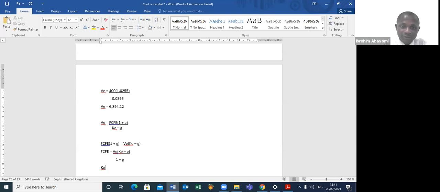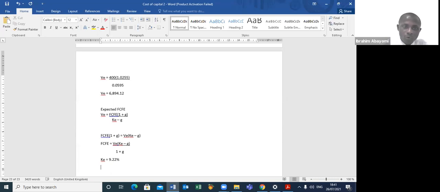So cost of equity under this new situation is what? Let me put it from here: expected free cash flow to equity, so that when we are revising, it should be easy for you to follow. Our cost of equity is 9.22%. So our growth rate is going to be the cost of equity of 9.22% times the retention rate of 30%.